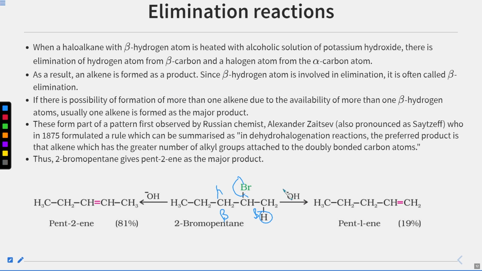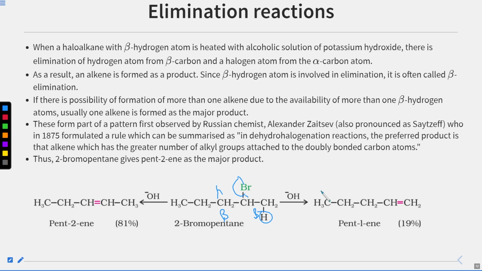Now in beta elimination, in case of a symmetric molecule there is no difficulty. But if the alkene is formed from an asymmetric molecule, then there is a possibility of two different products.